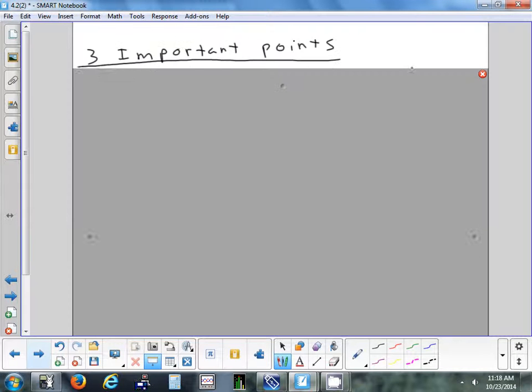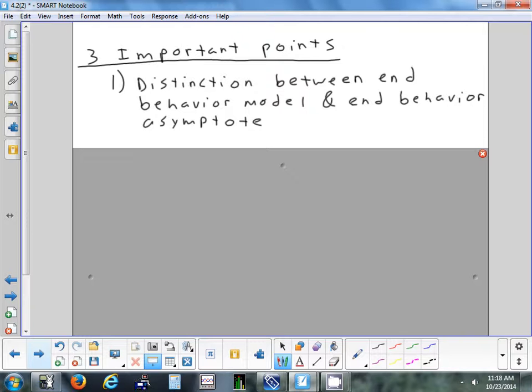There are three important points to understand. First, there's a difference between the end behavior model, which is what we did yesterday, and the end behavior asymptote. To get the end behavior model, you take the leading term in the top and divide by the leading term in the bottom.